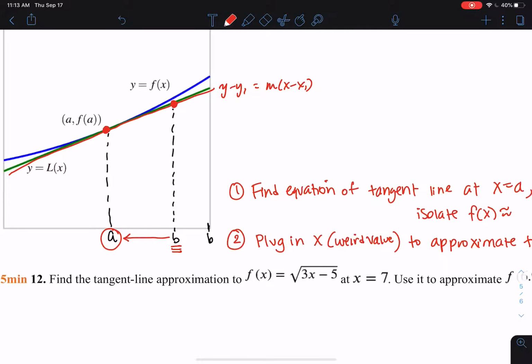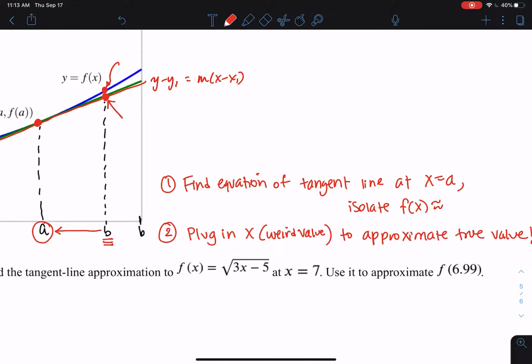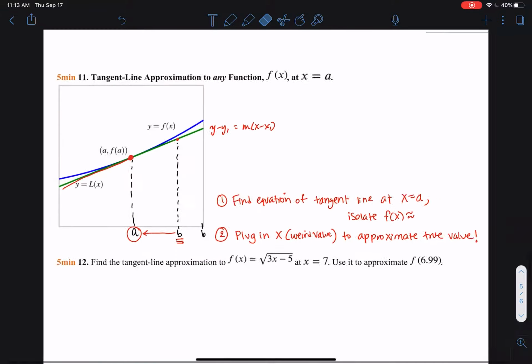When you plug it in, you're going to get the value on the line, but that will be a pretty good approximation of the true value. So you plug x into the tangent line to approximate the true value. And that's what we're doing in the next few problems, finding approximations. So I'll show you how it goes.